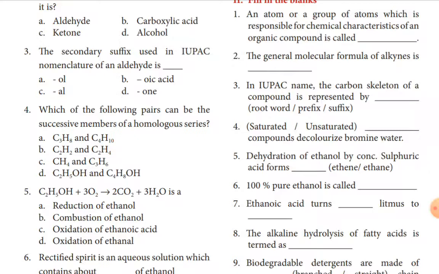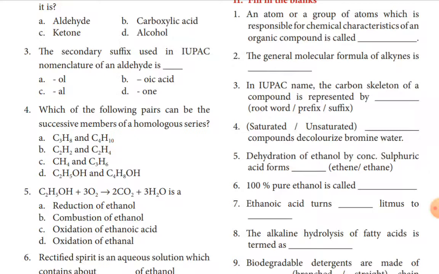Similarly option B, C2H2, C2H4. How many carbon atoms differ? How many hydrogen atoms differ? In option A, C3 is 3 carbon, C4 has 1 carbon extra; hydrogen 8 and hydrogen 10, so 2 hydrogen, CH2. So option A is the answer.